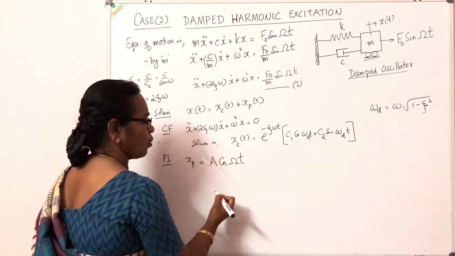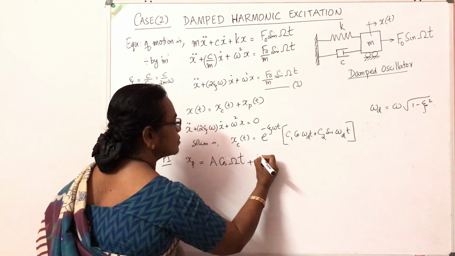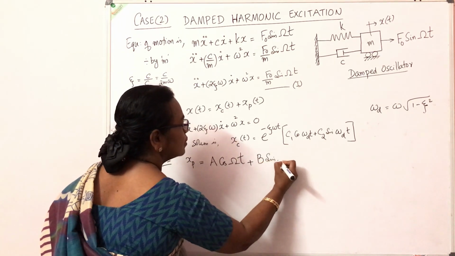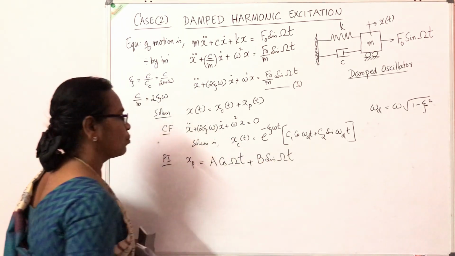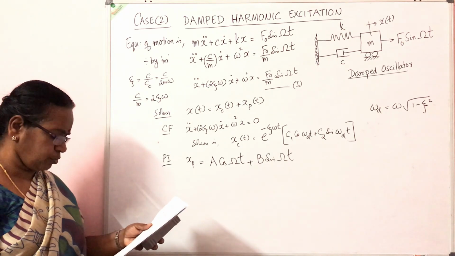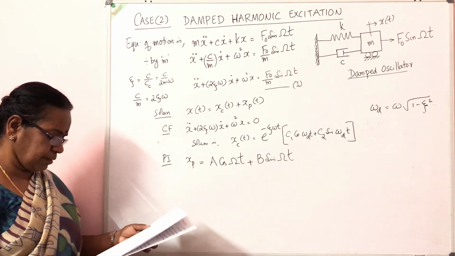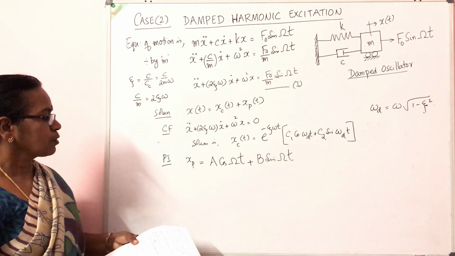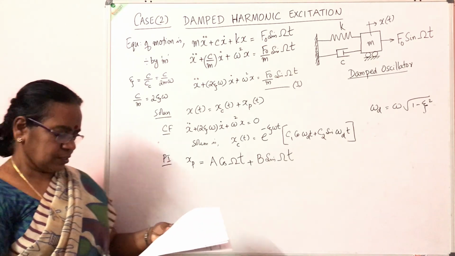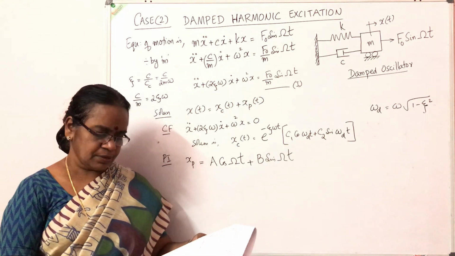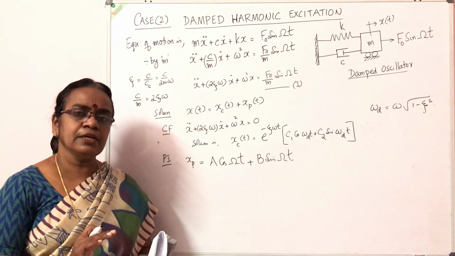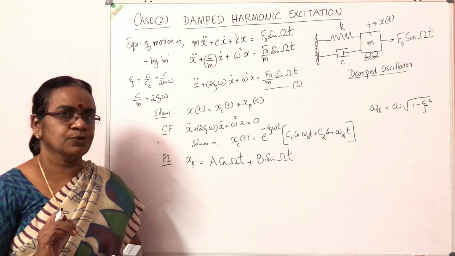So we will assume the particular solution as a cos Ωt plus b sin Ωt, because the response of a damped system is not in phase with the loading.